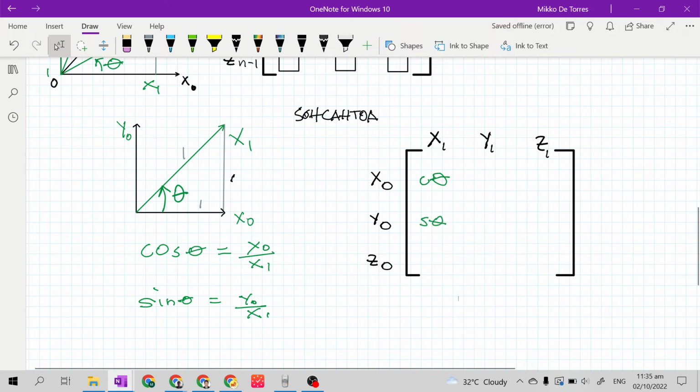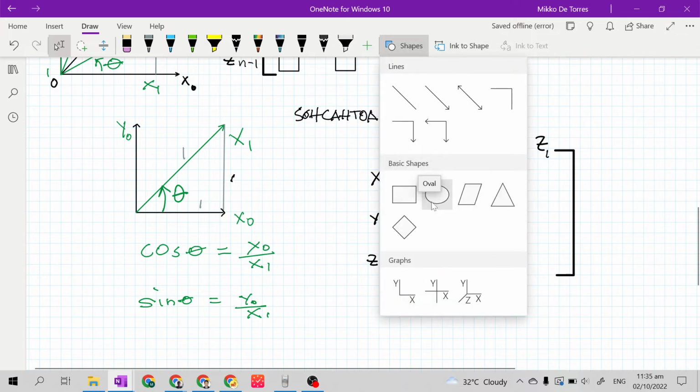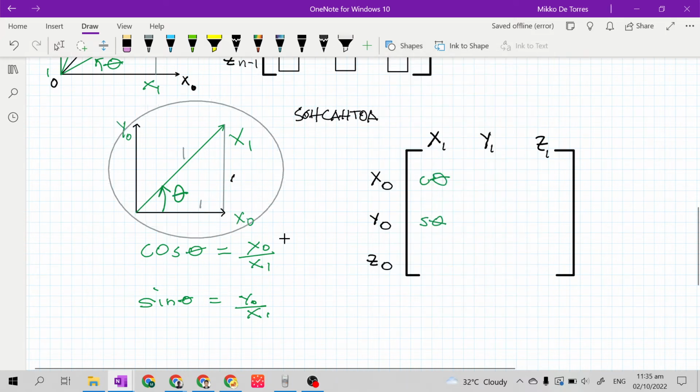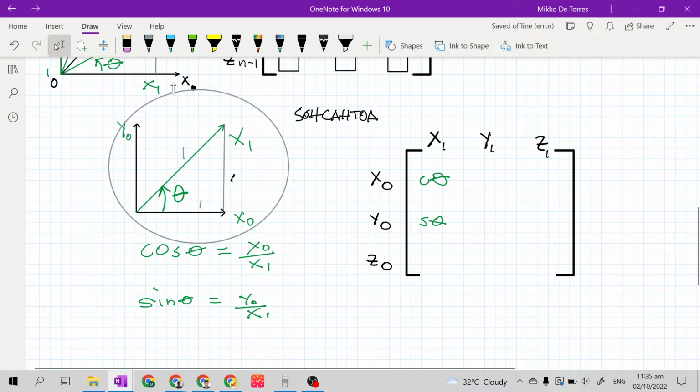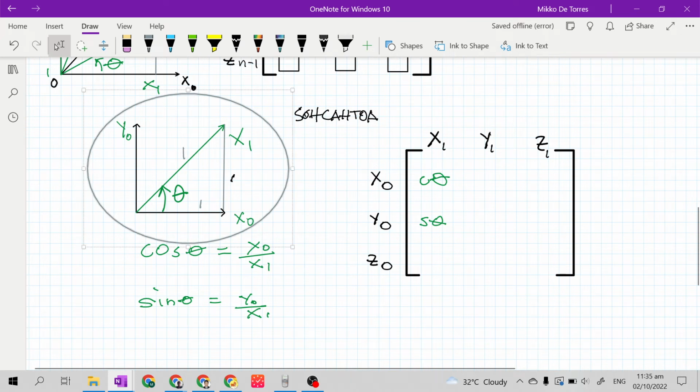Okay, next. The projection of x sub 1 on z sub 0. As you can see in our figure, in our right triangle, we don't have z sub 0. So x sub 1 is not projected on z sub 0.